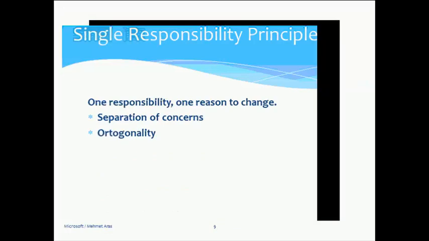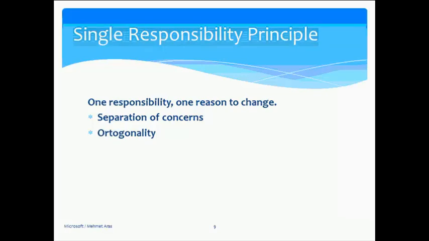So the first one is single responsibility principle. It is very easy. The one responsibility and one reason to change. Separation of concerns and orthogonality. Basically, this means that we see code that does a lot of stuff. You see a function, you see a class, you see a module that has a lot of responsibilities inside of it.